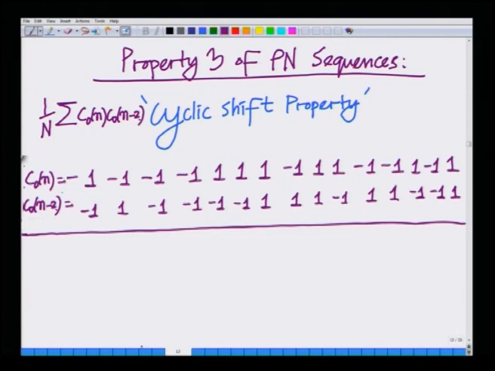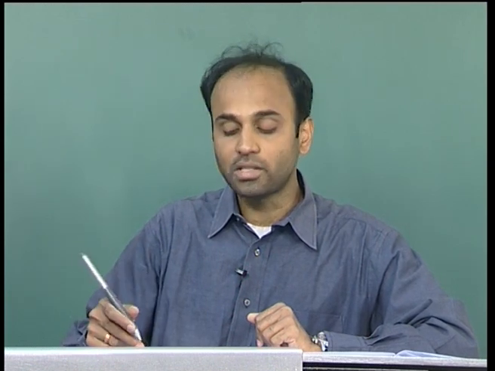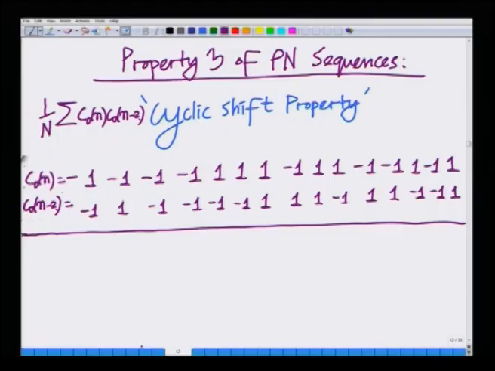That is, I am taking C0 of n, which is what I have written down here, and C0 of n minus 2, which is what I have written down beneath. I am going to take the product chip by chip, sum all the products, and then divide by n, which in this case is 15, because the length of the sequence is 15. So, let me first take the product.